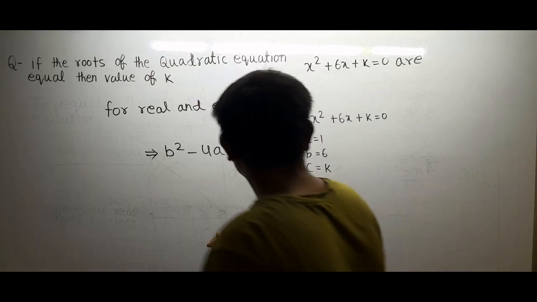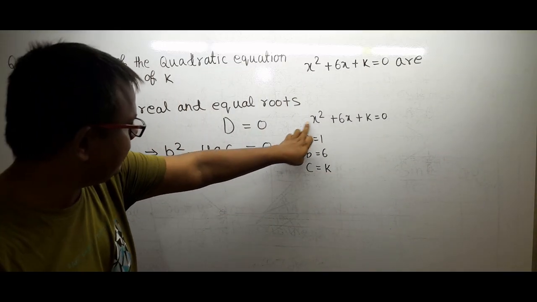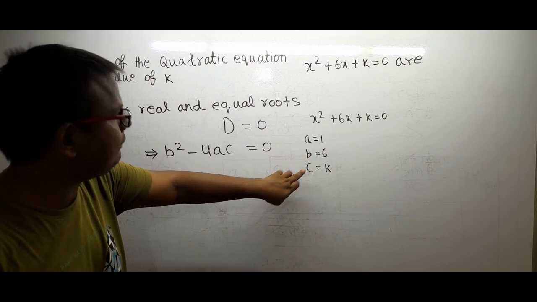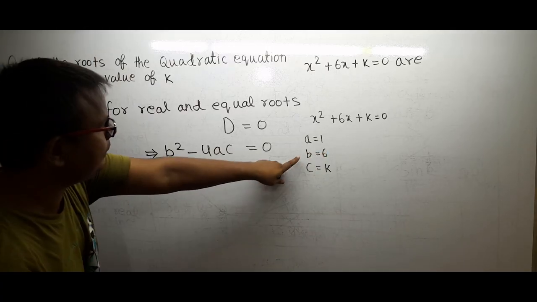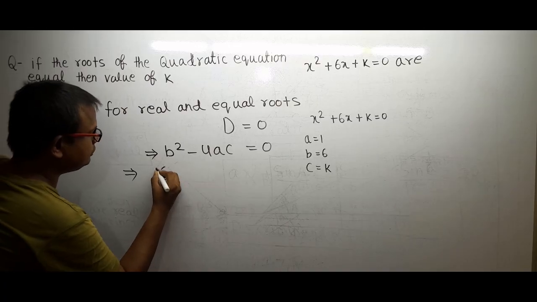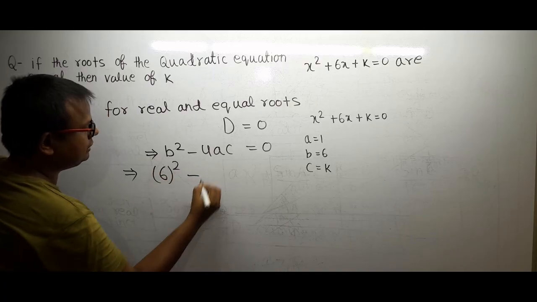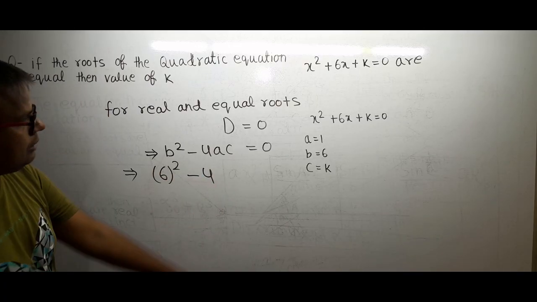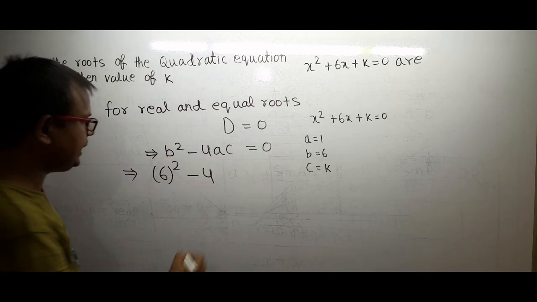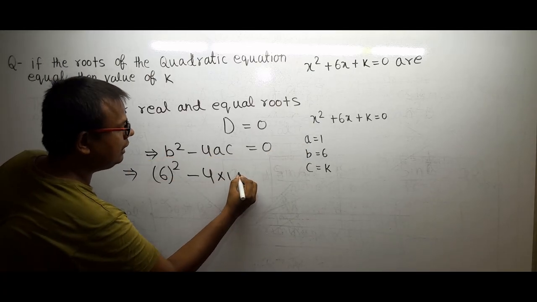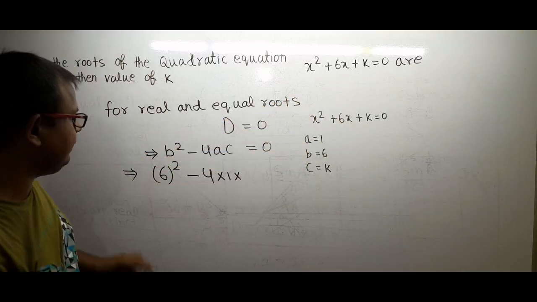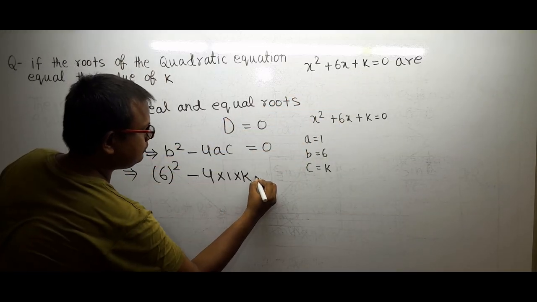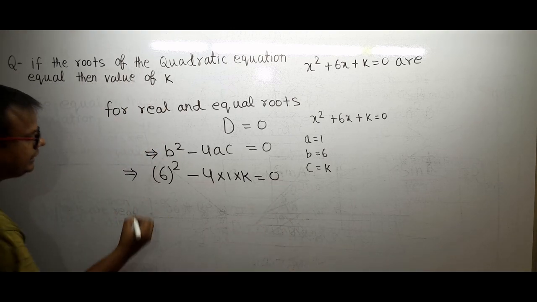Okay, so on the basis of the given things, that means a, b, c, we will apply here. Okay, now what is the value of b? That is 6. Okay, so 6 square minus 4, and what is the value of a here? 1. Okay, so 4 into 1, and what is the value of c? Okay, so k is unknown here, k we have to find here, that is equal to 0.